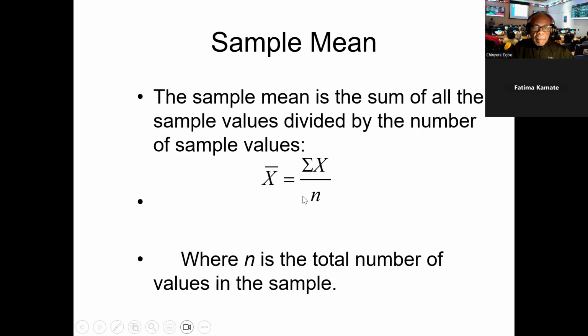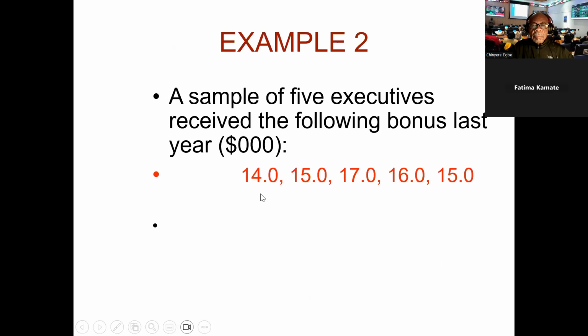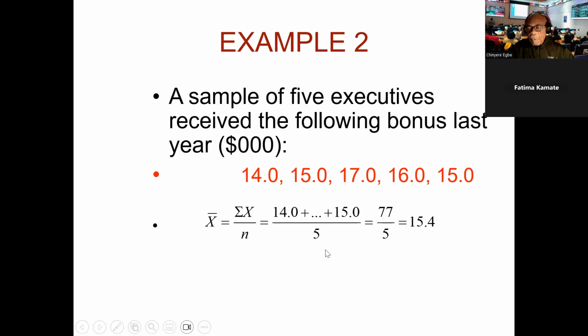So this small n represents sample size. The large N represents the size of the population. Okay, once more, the summation x over n is 14 plus 15 plus 17 plus 16 plus 15 divided by 5, which is 15.4. So the sample mean is 15.4.